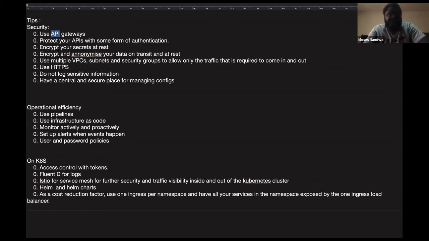Then the next thing, as you've seen in the diagram, is use multiple VPCs, subnets, and security groups to allow only the traffic that is required to come in and out. Use HTTPS, and do not log sensitive information. Again, I repeat, things like passwords, API keys, responses that come from external systems, stuff like that should not be logged.